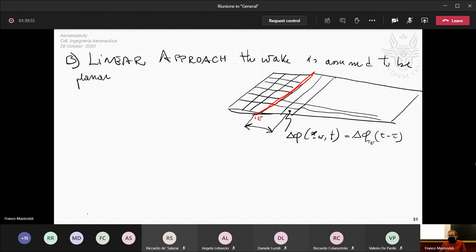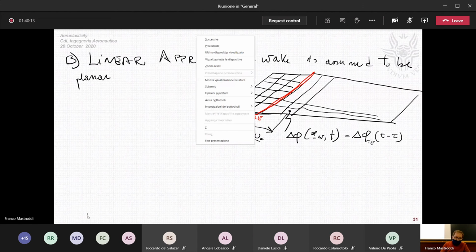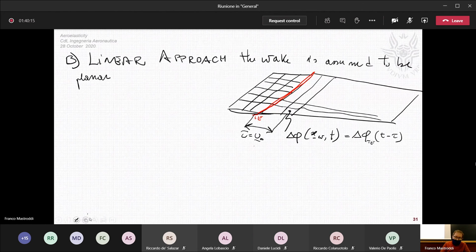Now, an approximation of the linear approach is evaluating this time delay as equal to tau is equal to u infinite divided by x, excuse me, the contrary.